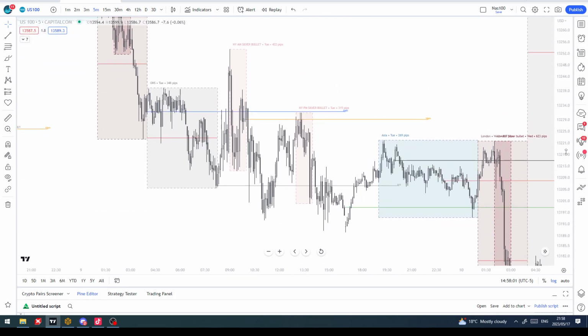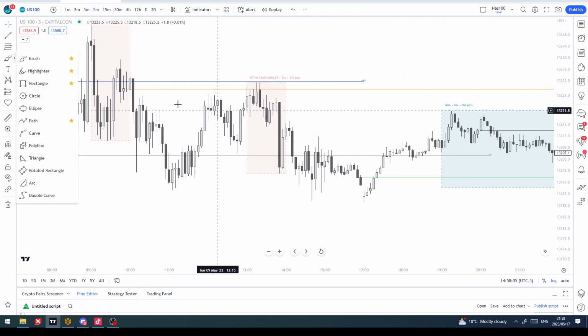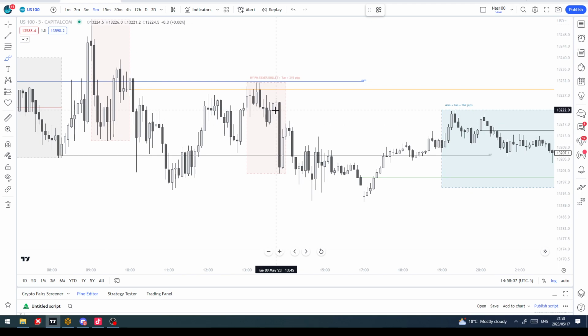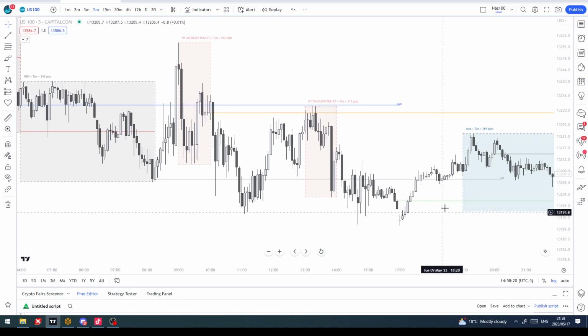Here, right? Not the best of examples, but an example nonetheless. Between 2 and 3 p.m. New York time, FEG created, price pulls back, targets sell side liquidity.